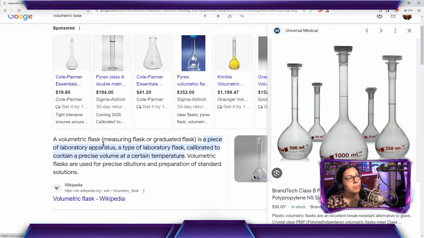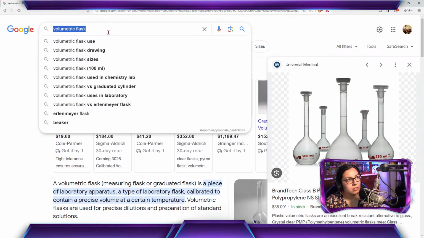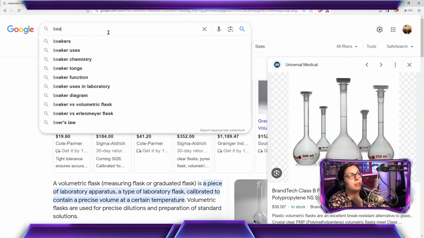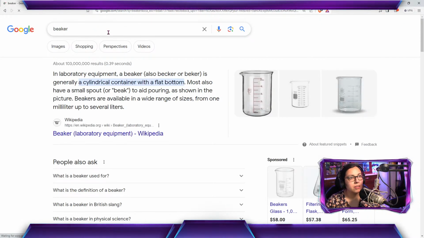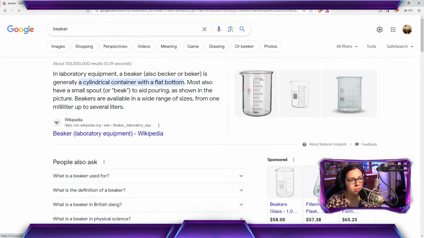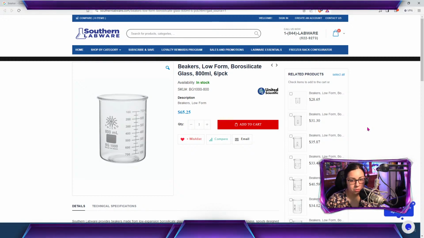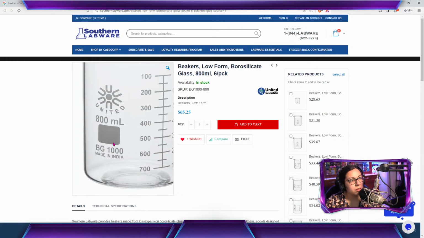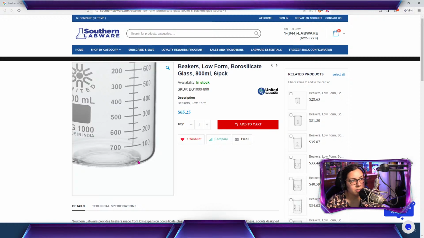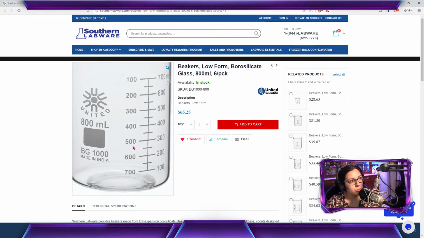Kind of fascinating. And let's go the opposite way. Less precise things would be beakers. These usually aren't calibrated very accurately. If you wanted to come to our science fair and play with glassware, that's something you could do to get a sense of accuracy and what these numbers mean.